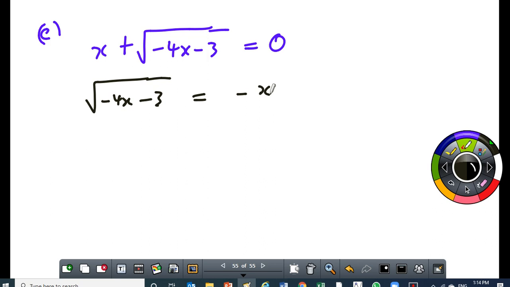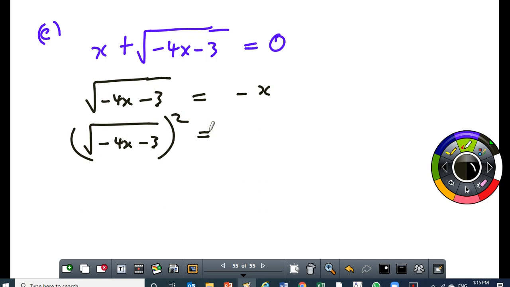Then the next step is for me to remove the radical or the square root sign. To do that, I have to square both sides. So you end up having the square root of minus 4x minus 3 all squared is equal to.